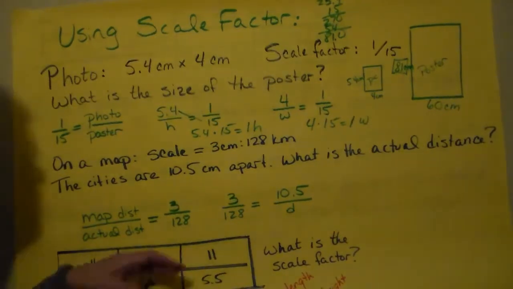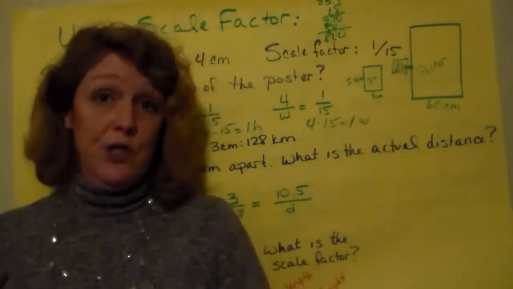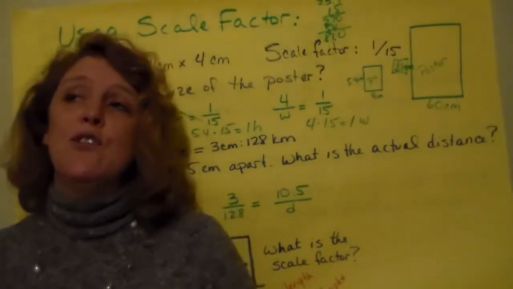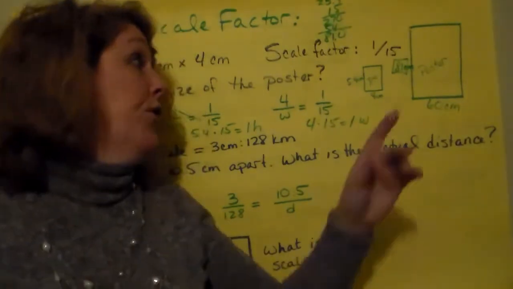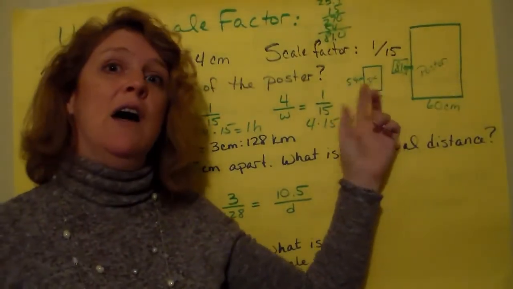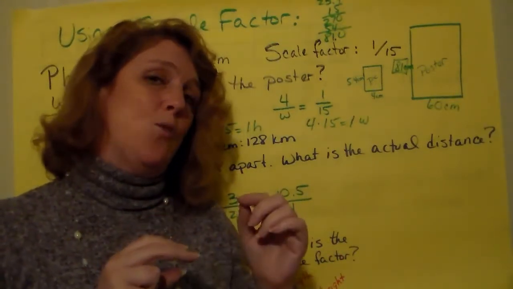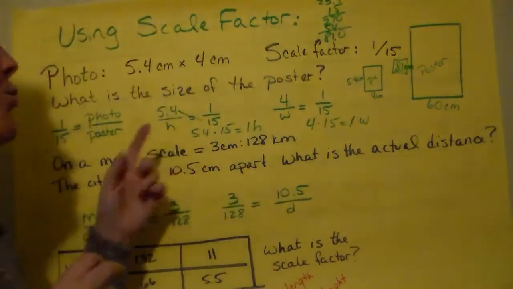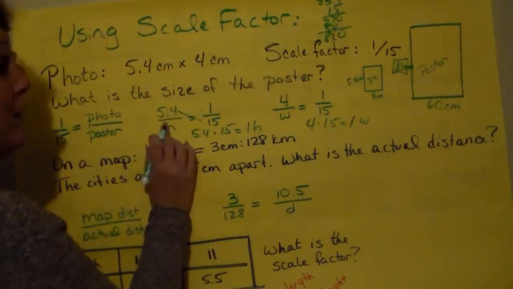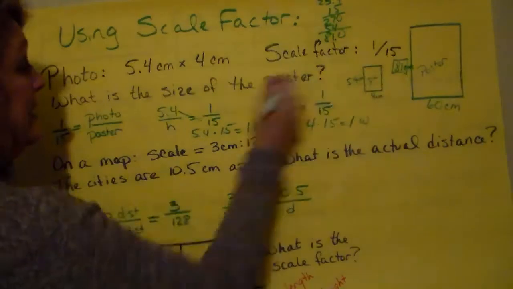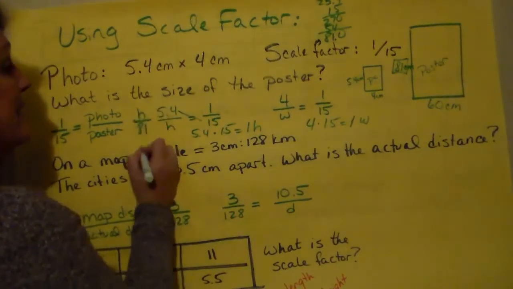When you're making it smaller, if I tell you I had a poster and these are the dimensions of the poster, and I need you to find the dimensions of the postcard that we're going to make out of this, if the scale is 1 to 15, then you would have ended up dividing. Then I've got 81, and I don't know how high it's going to be.